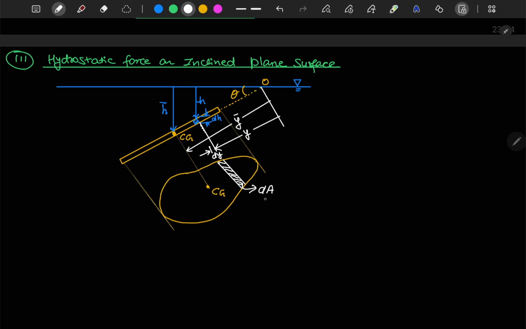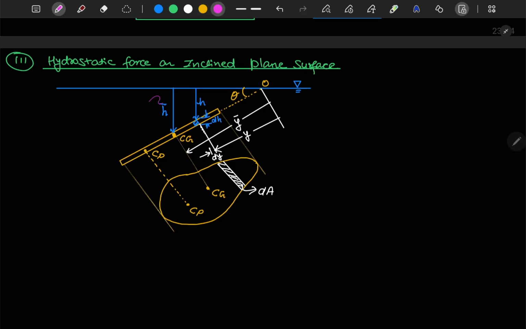Let's assume one more thing here, that this point is your CP. As I mentioned earlier, CP is below CG. It will be indicated here in your side view, or we can say edge view.